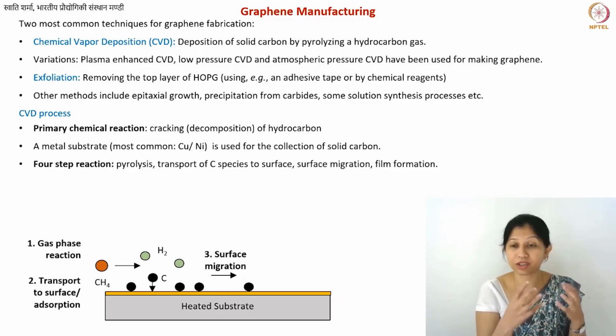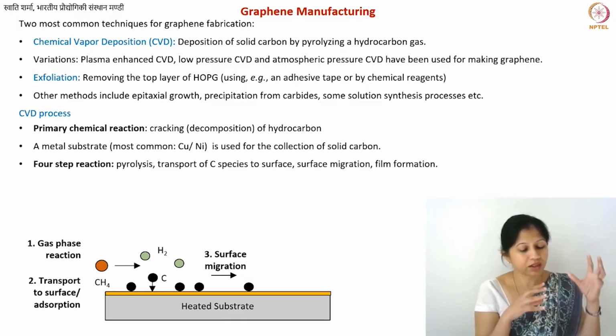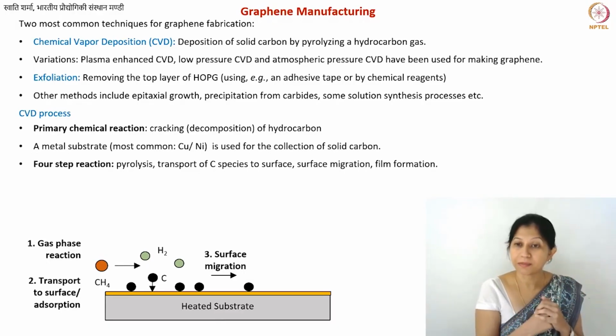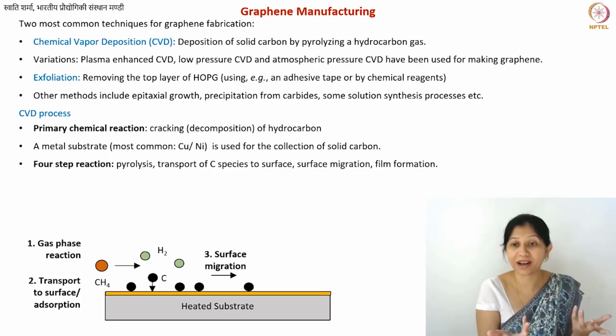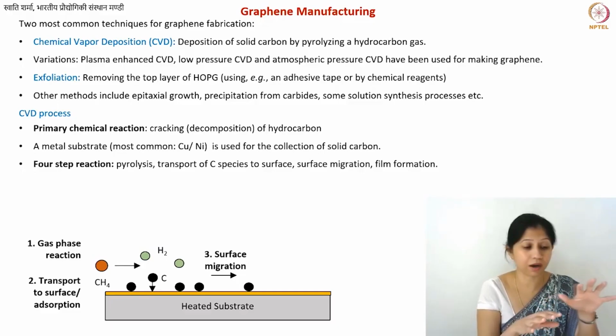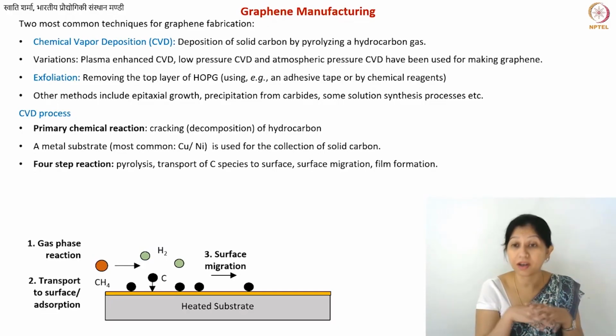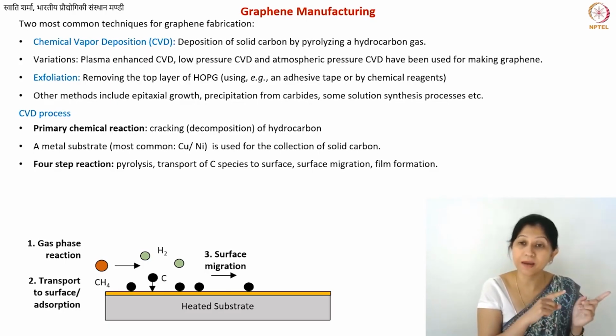So this is a very temperature dependent process, and it also depends upon the solubility of carbon in that particular metal, and that is why different metal catalysts actually provide different kinds of film thicknesses, for example, or the flake size even, because the migration behavior of carbon species in different metals is different. That depends upon the solubility.